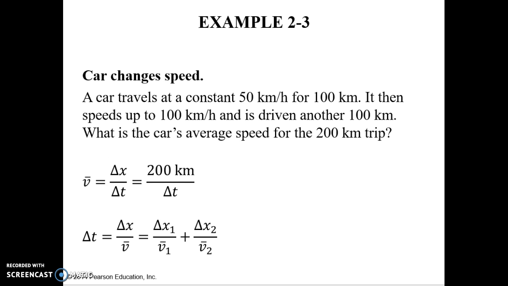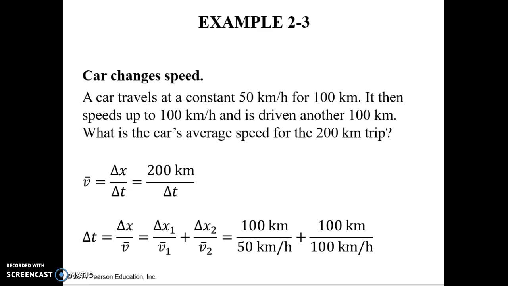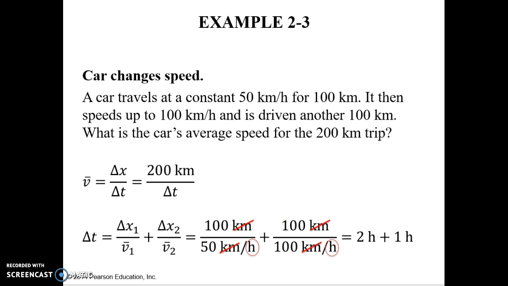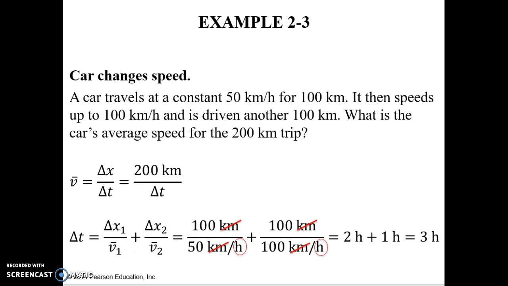Then we can plug and chug. Notice that the kilometers cancel out, and we're only left with hours for time. The total time for the first and second segment is 2 hours for the first segment and 1 hour for the second segment, which gives us a total time of 3 hours for the whole trip.